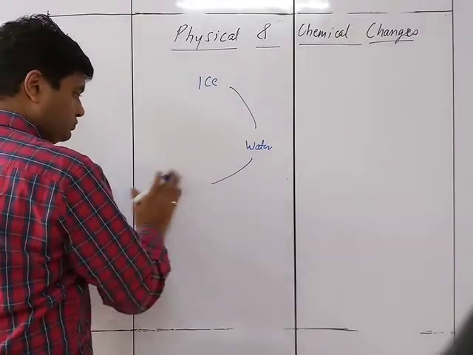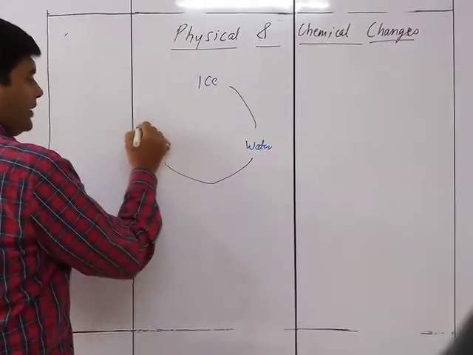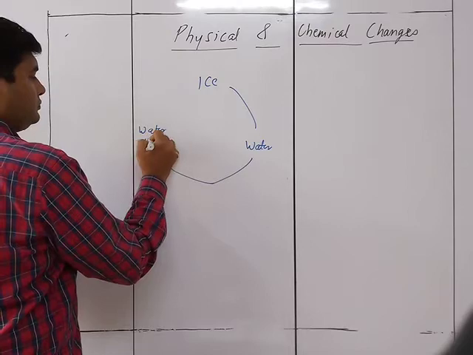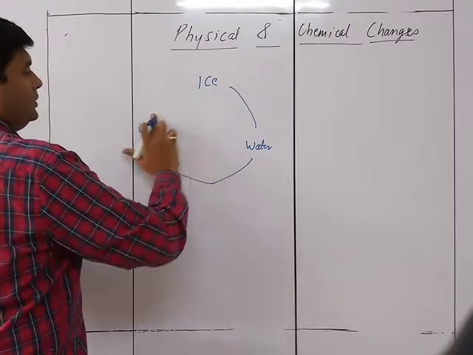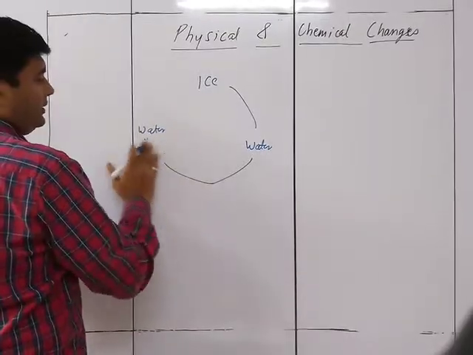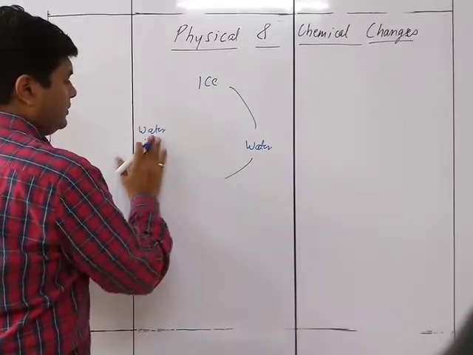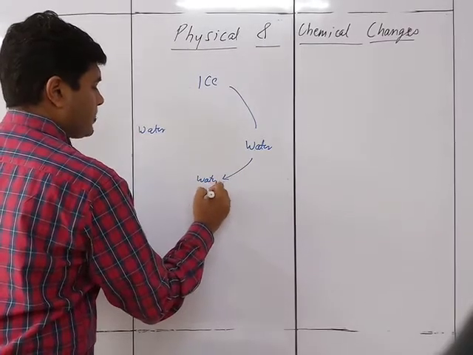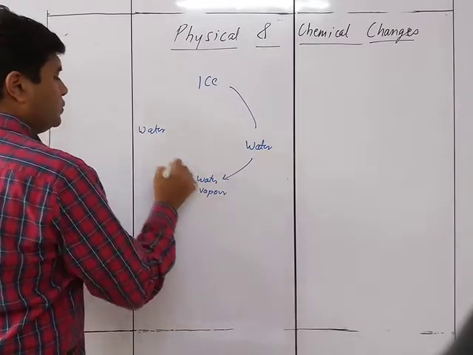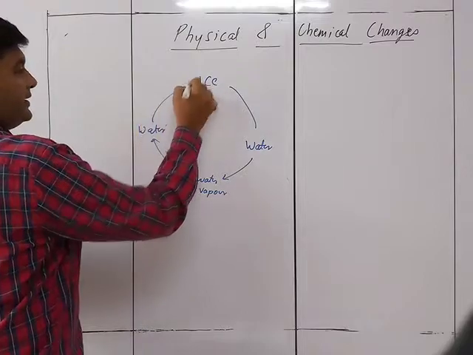that is, we can say here water vapor, and from there to again, okay, I'll take it this way, water vapor to water again, and then to ice again.